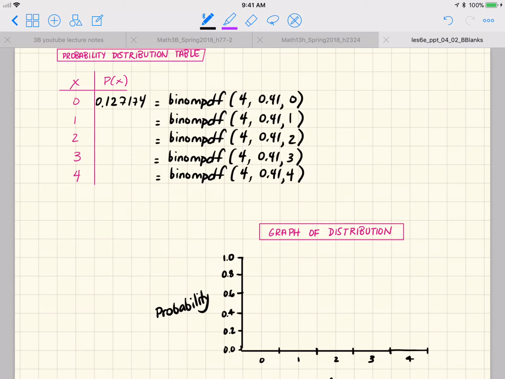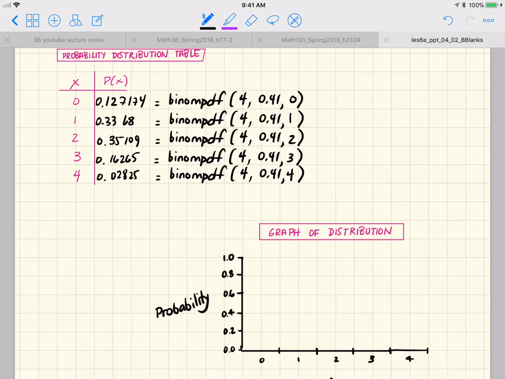So I get 0.3368, 0.35109, 0.16265, and 0.02825.